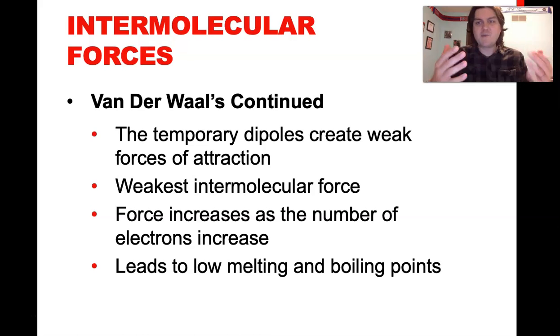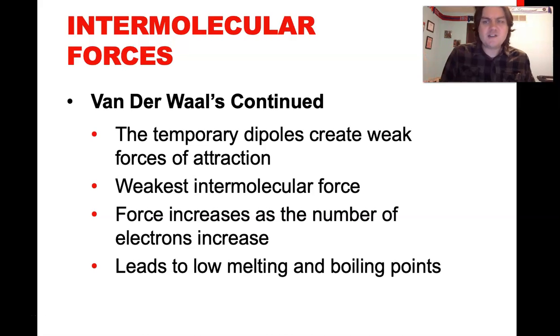It's like having more people on a boat. If you have one person on a boat and they lean to the side, there might not be much of a difference. But if you have 15 people on a boat and they all go to one side, it's going to create a big problem. So the more electrons in a molecule, the greater the differential can be from the partial negative to the partial positive.